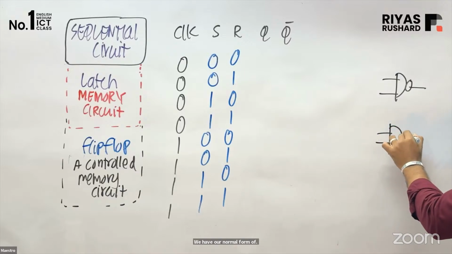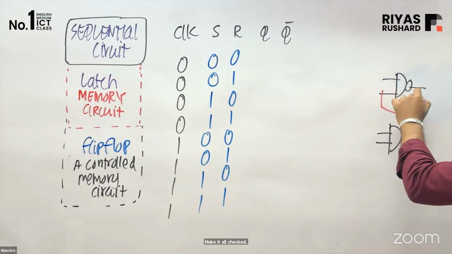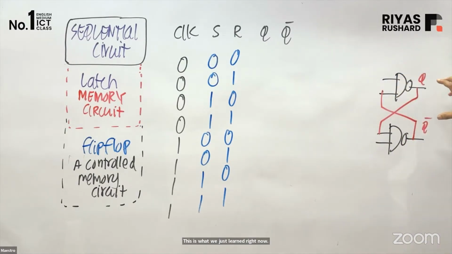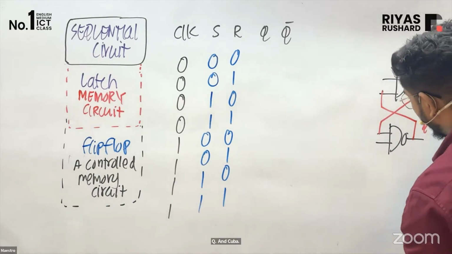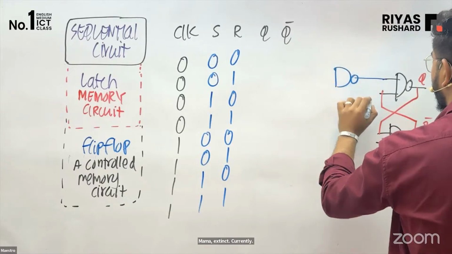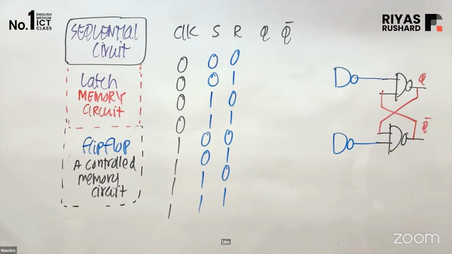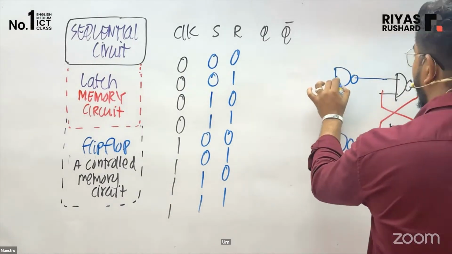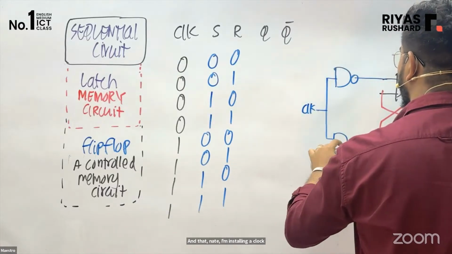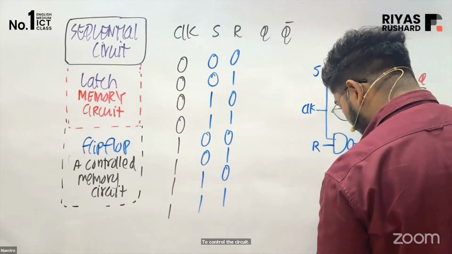This is what we just learned. Q and Q bar. I'm extending this circuit by adding another NAND gate, and to that NAND gate I'm connecting a clock to control the circuit. We call it a flip-flop.